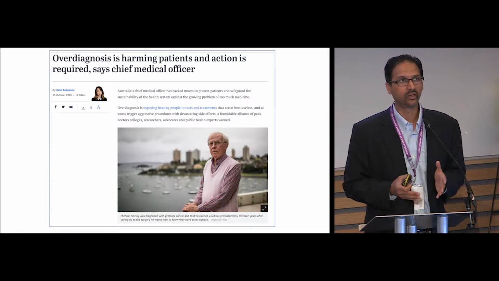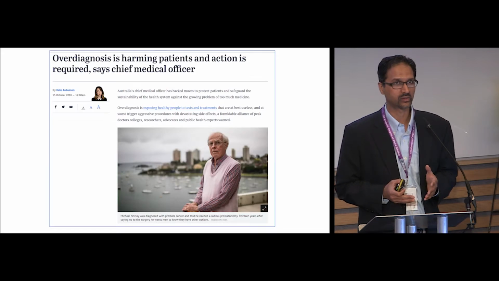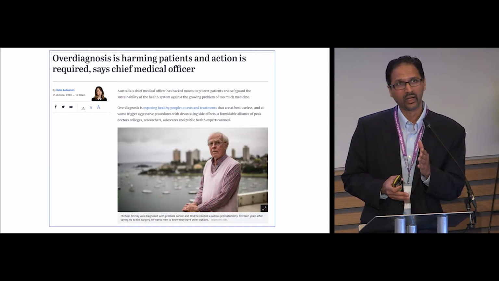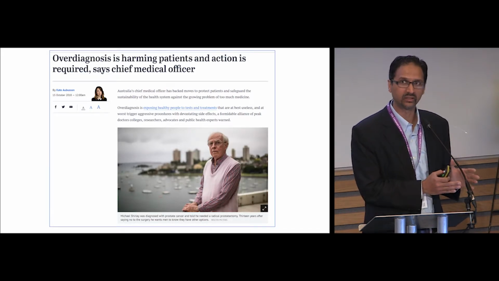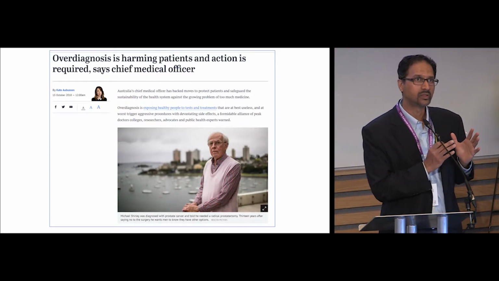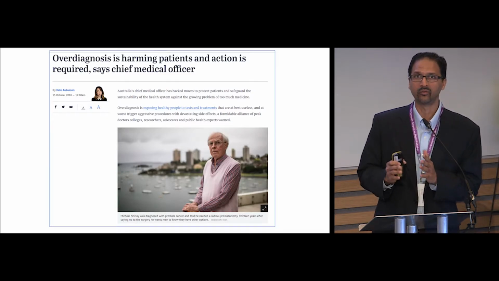There is a real issue that a lot of these cancers that perhaps should not be treated very aggressively are indeed being treated extremely aggressively. And there are 2 aspects to this. There is the aspect of toxicity, where you are essentially subjecting a lot of these patients to unnecessary radical therapy.